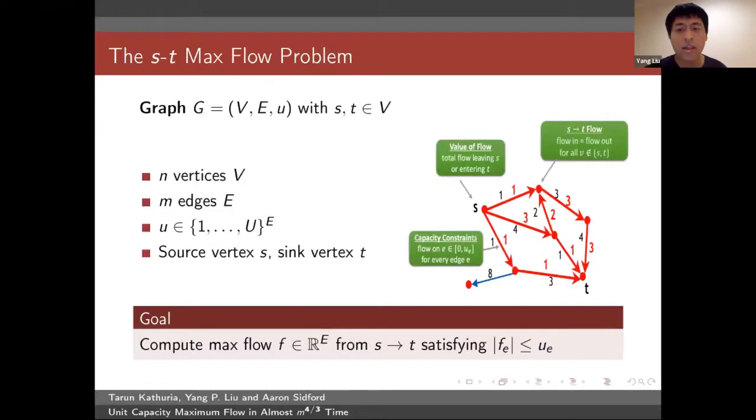Precisely, we want to ensure that for every vertex which is not S or T, the total incoming flow equals the total outgoing flow. And our goal is to maximize the total amount of flow exiting S, or equivalently entering T.